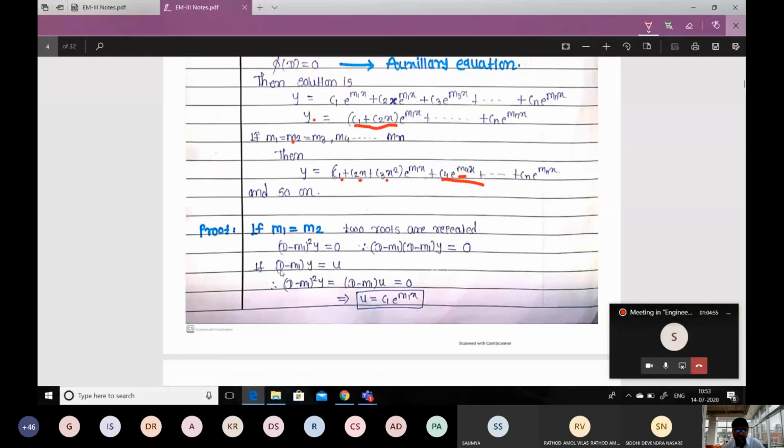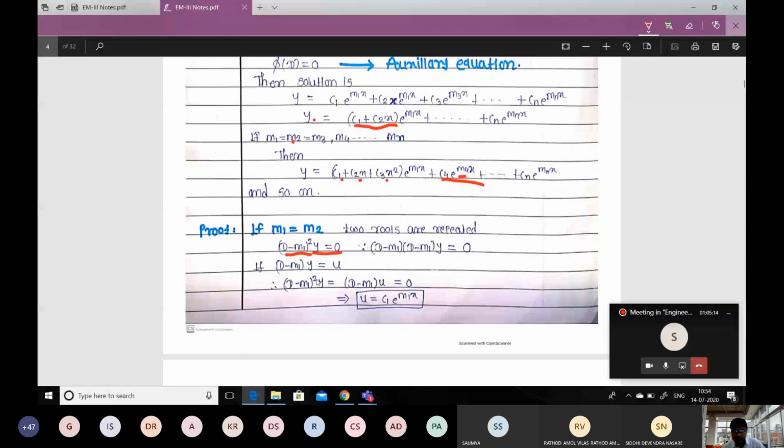On the left hand side we are left with (D minus m1) whole square times y, and on the right hand side we get (D minus m1) times u, which is equal to 0. Why is this equal to 0? Because look at this term, (D minus m1) whole square y equal to 0. So this term becomes 0.